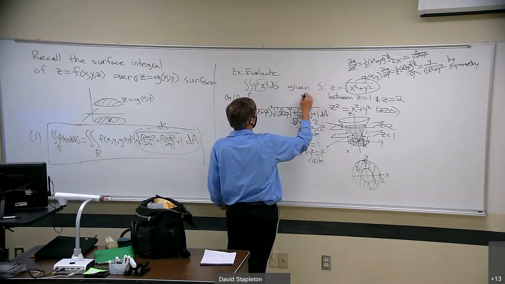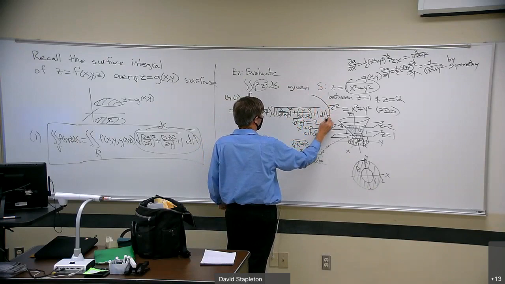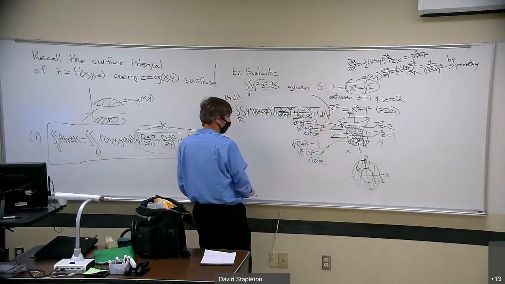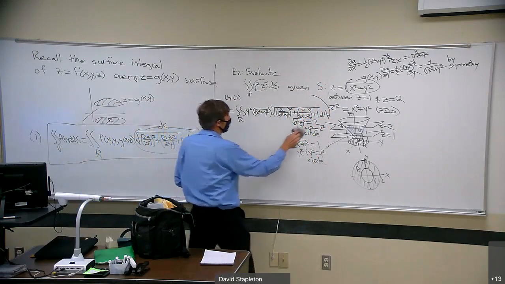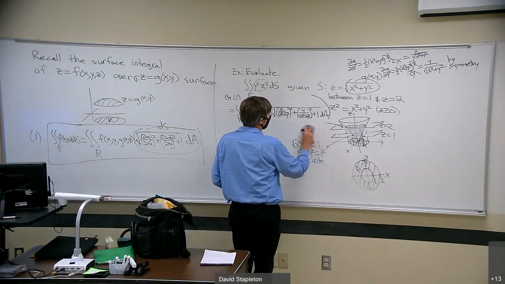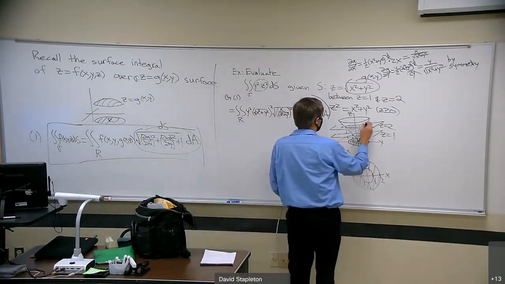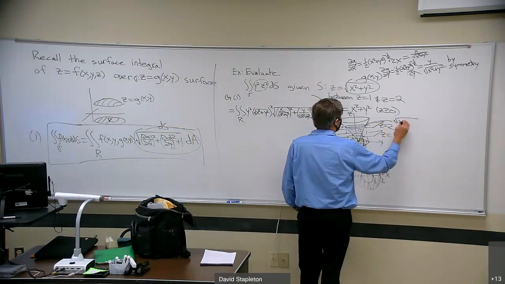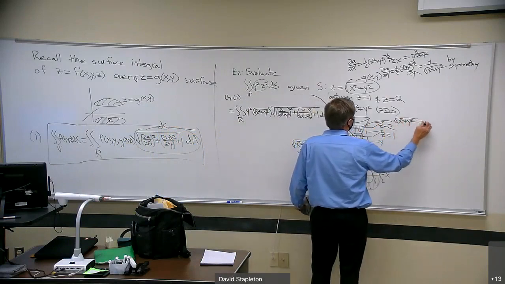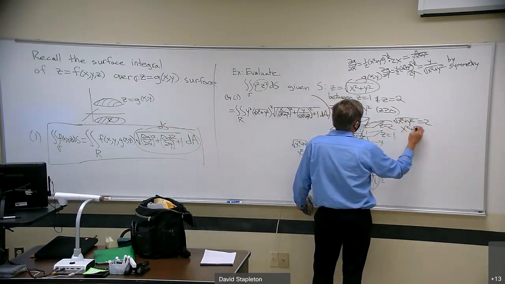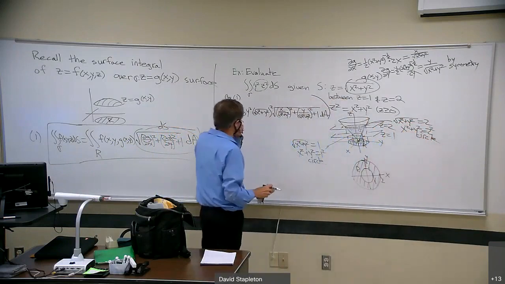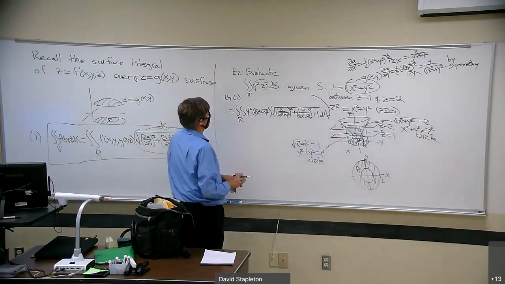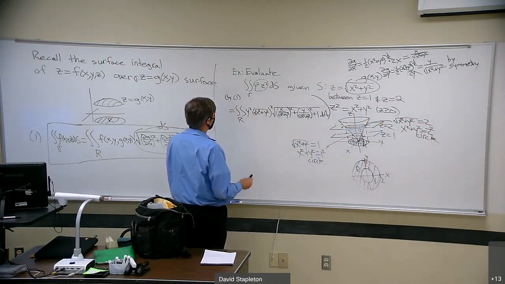So equation 1 tells us if we have to do that. So this is what we have to be able to evaluate to get the surface integral of this function, thought of as finding the mass of the surface.